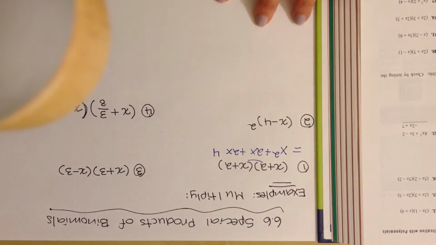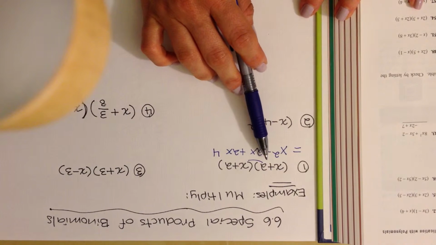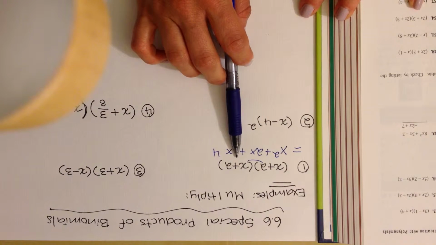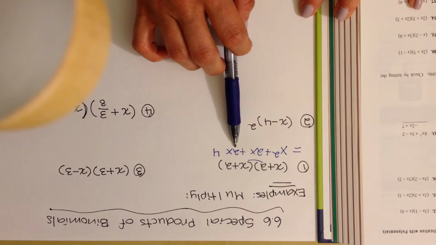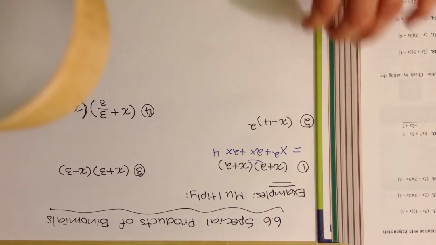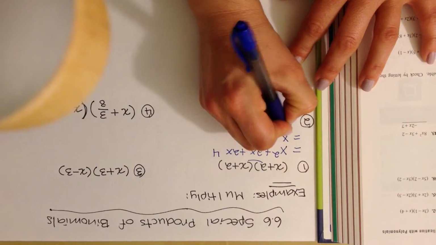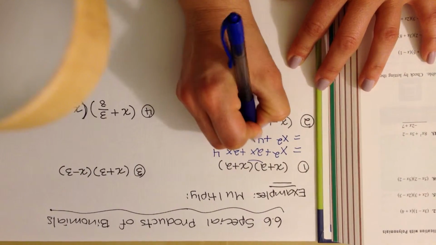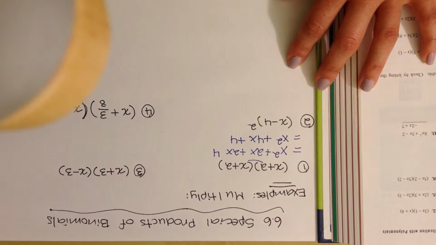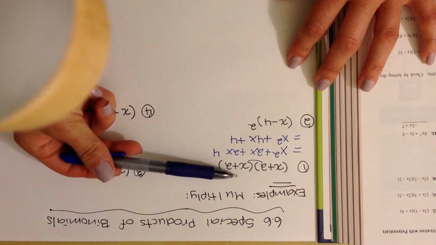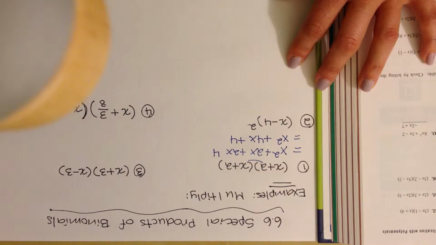And notice that if you are multiplying two binomials that are exactly the same, the middle terms will also be the same. And when we combine them, we just get 4x. So that's our final answer. So when we have two of the same binomials, this is called a perfect square trinomial.